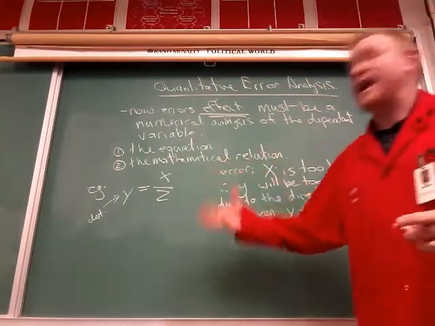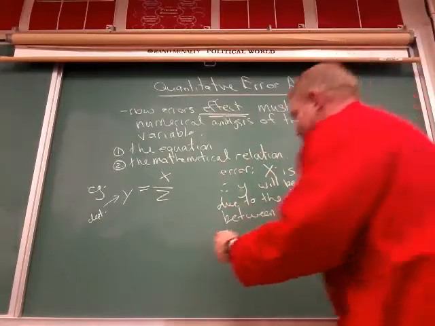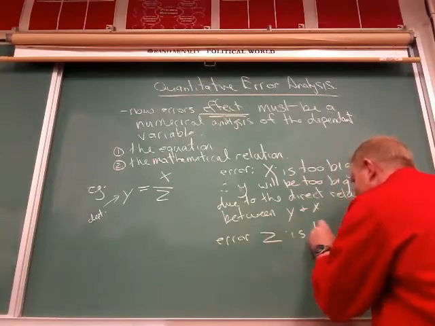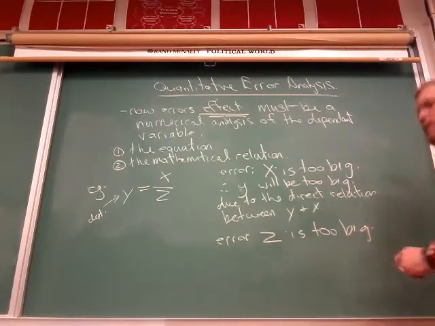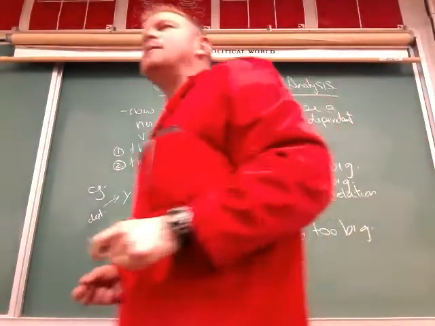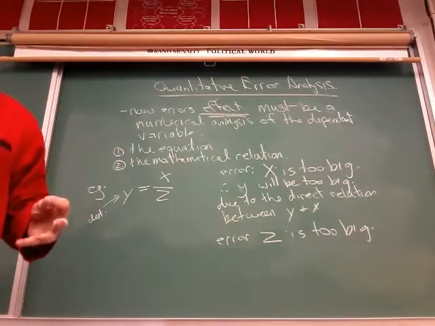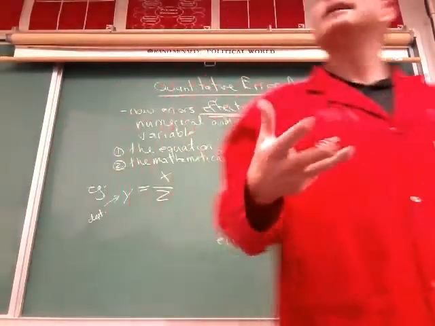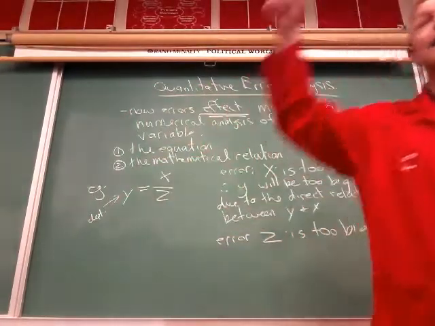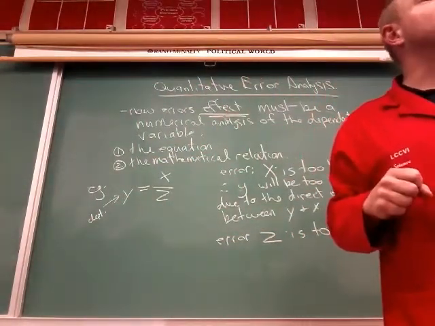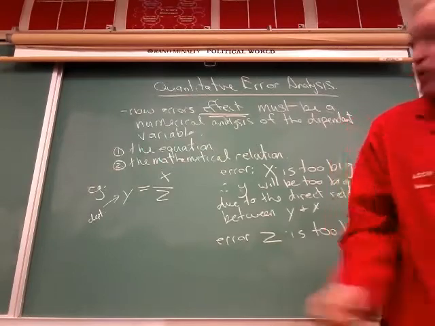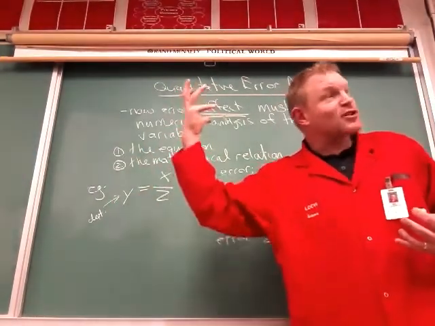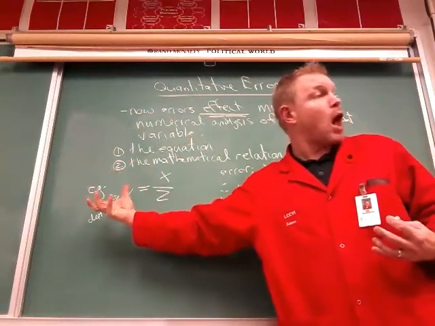What if we had an error that resulted in z is too big? What if z was too big? What if we did a measurement, we discovered, oh, z is too big. What will that do to the value of y? Yep. Yeah, because it's an indirect relationship. When your bottom number on a fraction gets bigger, the fraction total actually gets smaller.